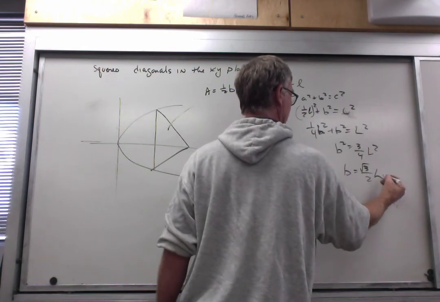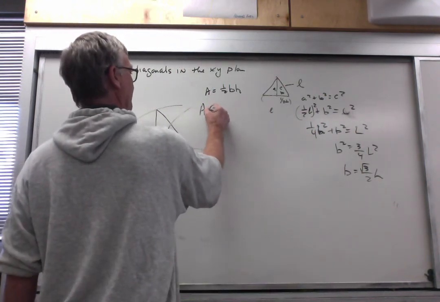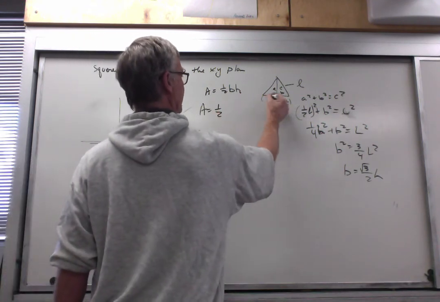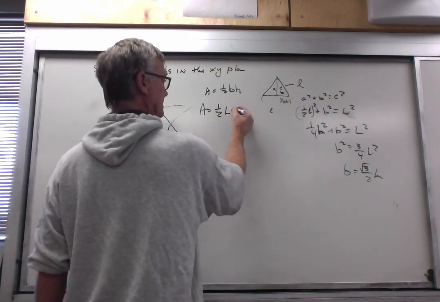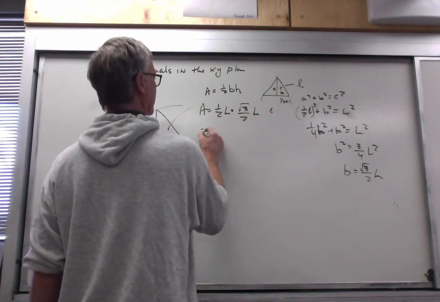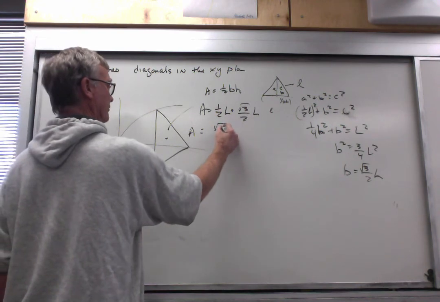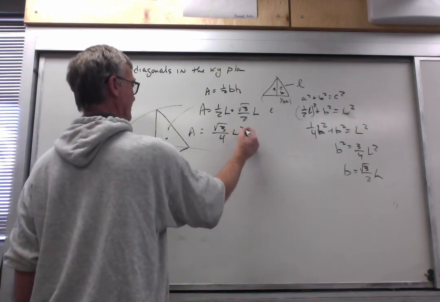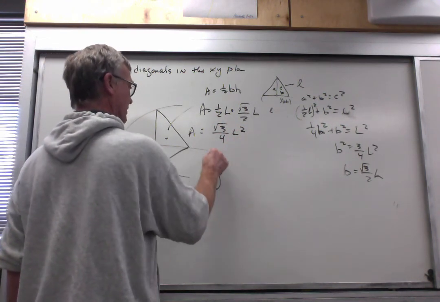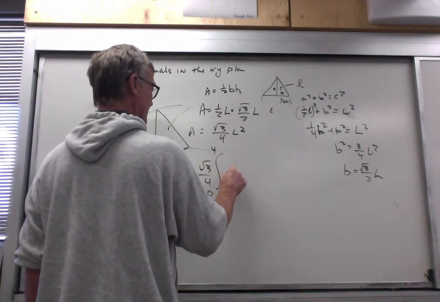And now my area then will be 1/2. The base here is L times the square root of 3/2 L. And this, the area of this triangle is square root of 3/4 L squared. And so if I was going to integrate, it would go from 4 to 0. I'm going to pull the square root of 3/4 out.